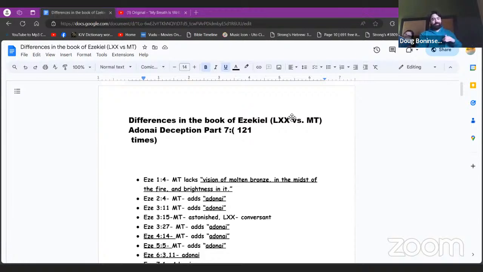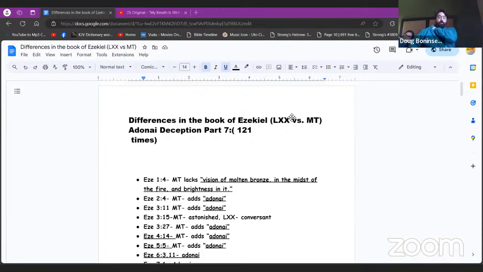It wasn't until almost the second century AD that they stopped using it. A lot of it had to do with the fact that Yahusha's disciples were using the Septuagint to convert people, to convert their own brothers and sisters.